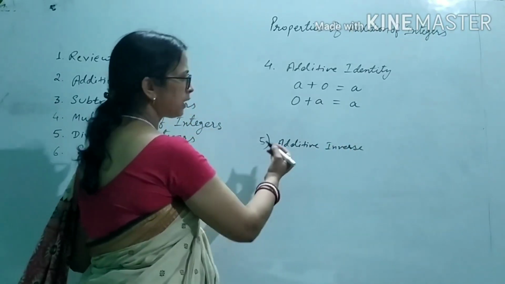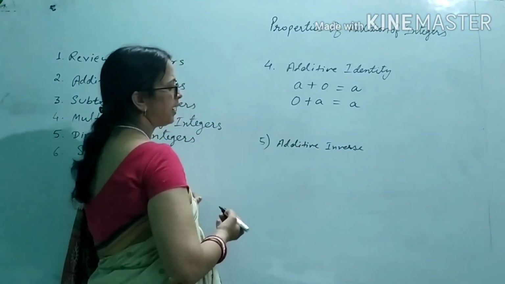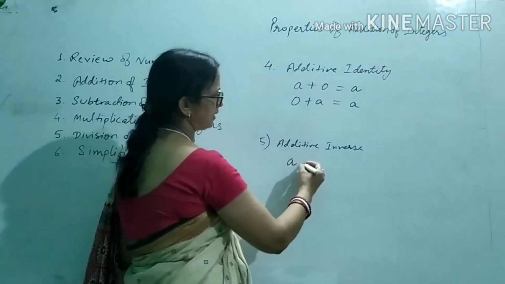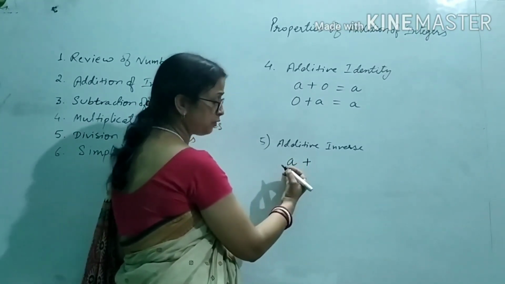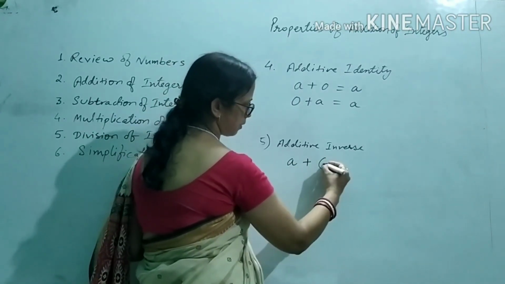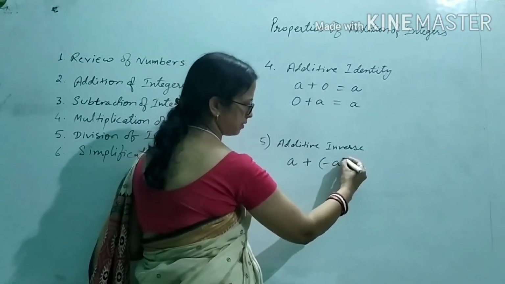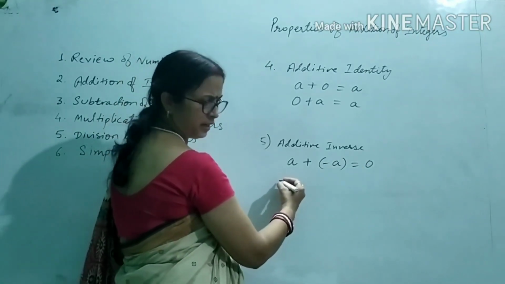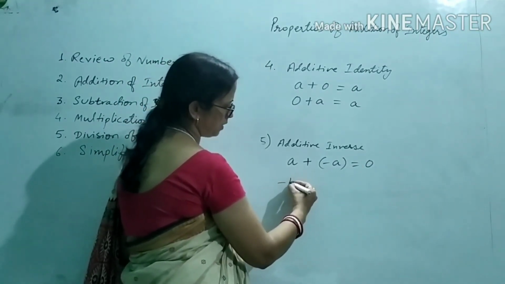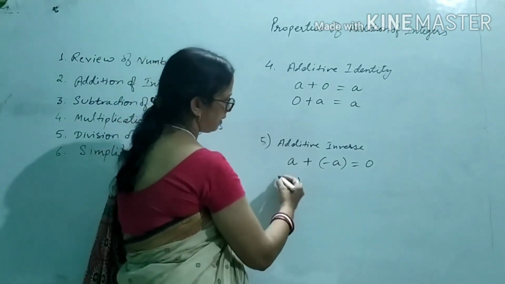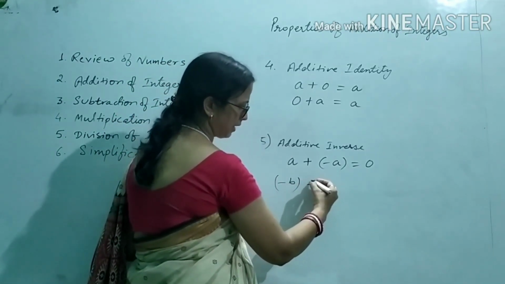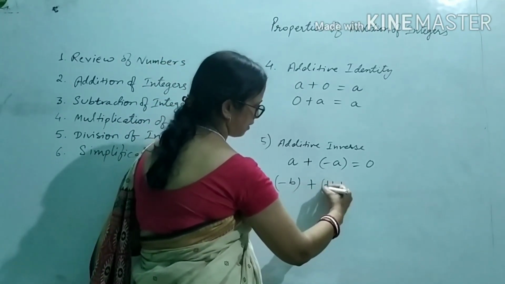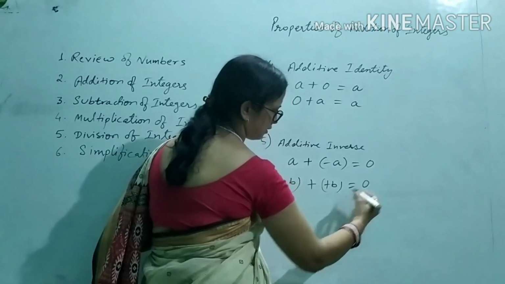Now coming to the additive inverse. Suppose any positive number a is there, and we add it to the negative of the number. If a is the number, then minus a is the negative, and the result is 0. Or suppose any negative number b, and we add the positive of this number, that is plus b, and the result is again 0.